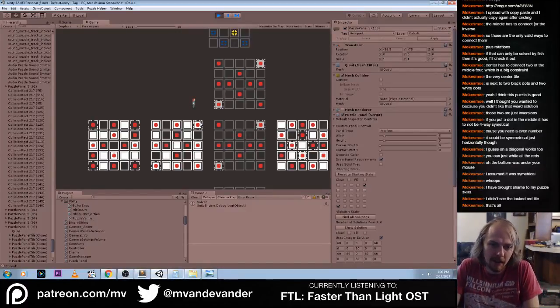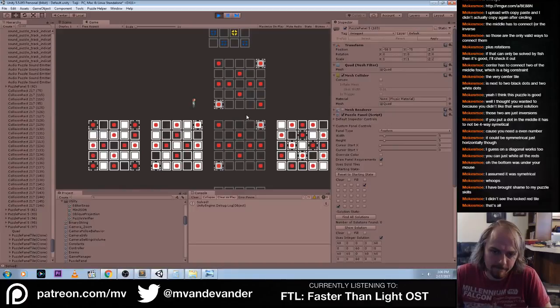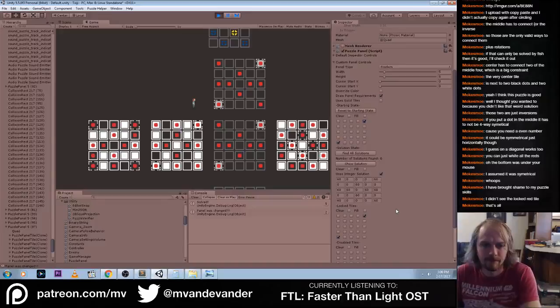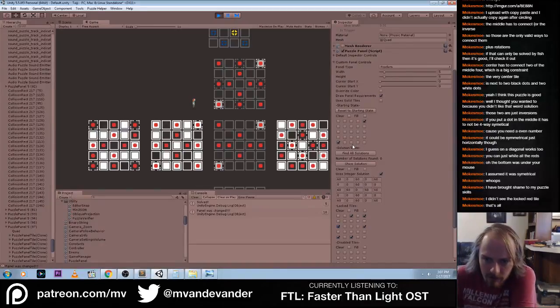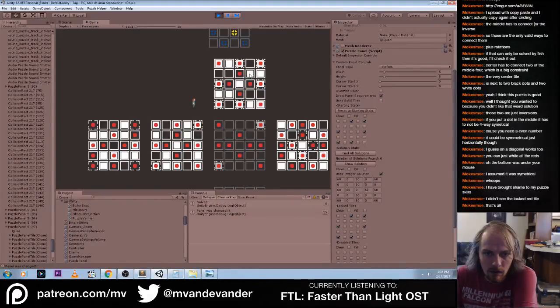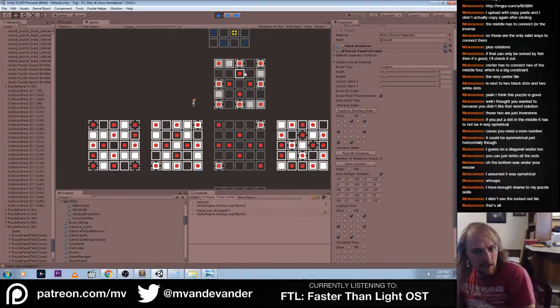So probably the way to enforce that is to, first I gotta set this to where it's the same as that one. I probably need to lock these ones to all be on. That's the only way I can think to do that. But that's like so many constraints, I don't like it.